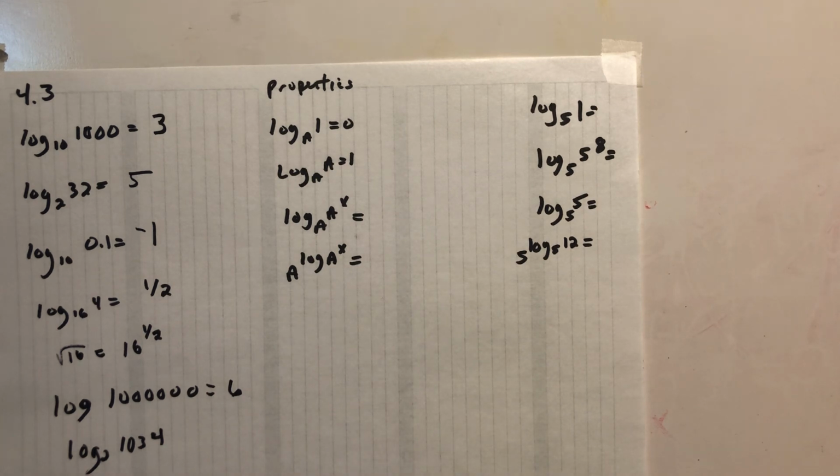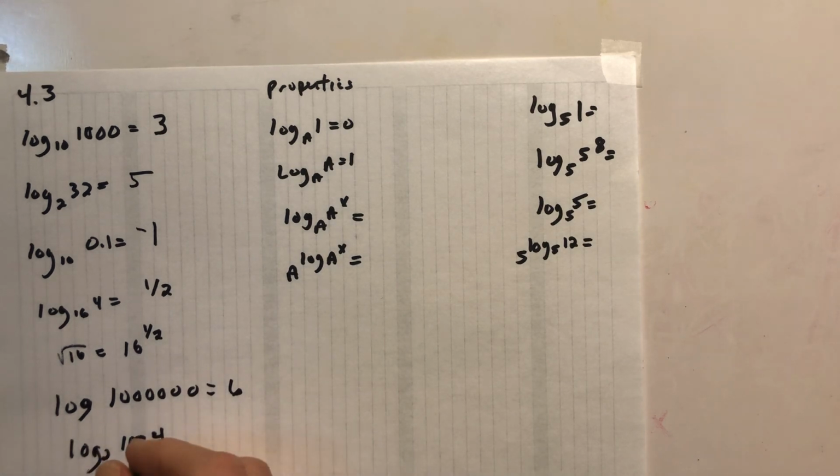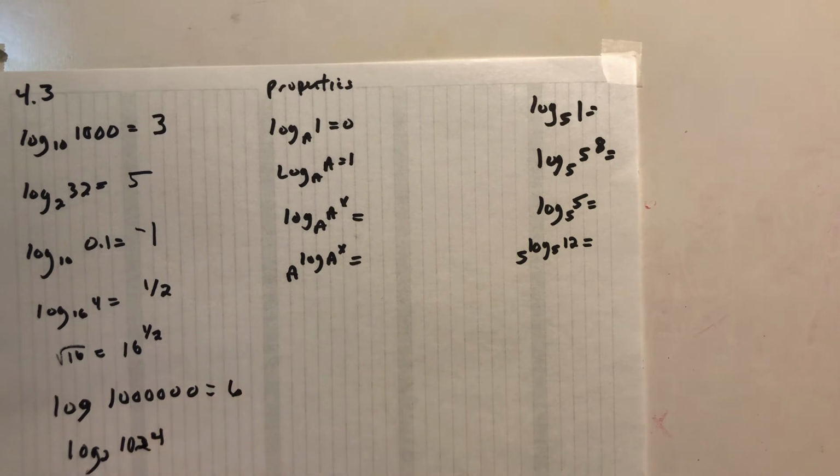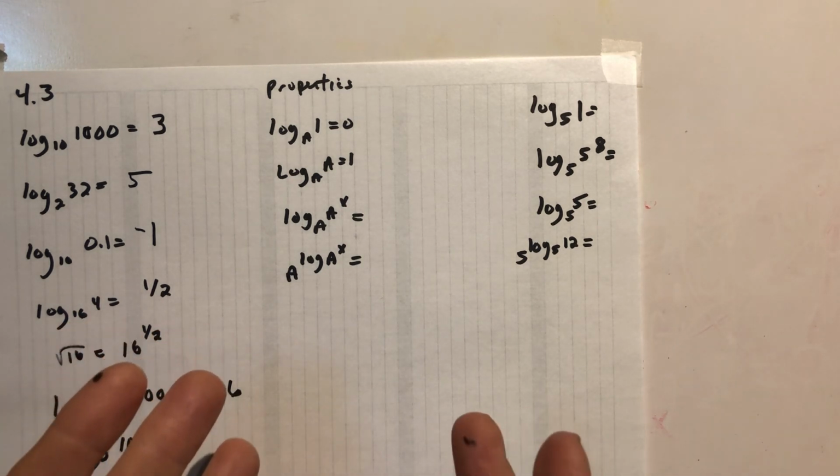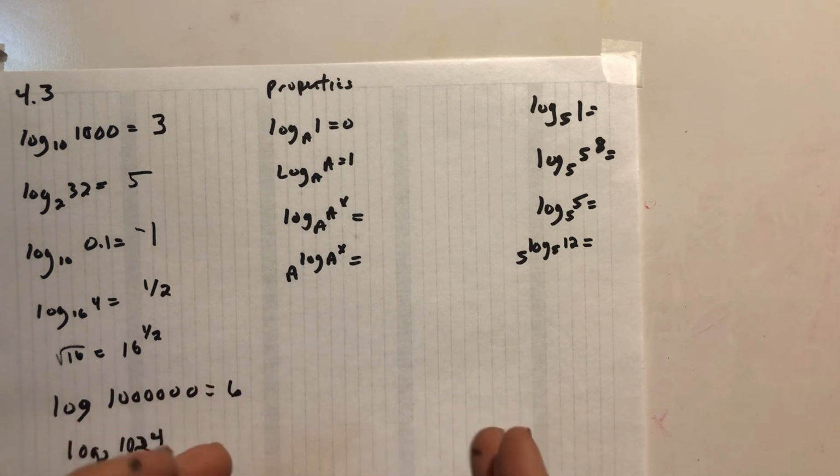I didn't bring my calculator with me. 1,000, I think it's 1,024. So you're counting by 2s. Not counting by 2s, but you're counting by doubling. 2, 4, 8, 16, 32, 64, 128, 256, 512, 1,024. And in computer talk, that's called a K, 1,024.